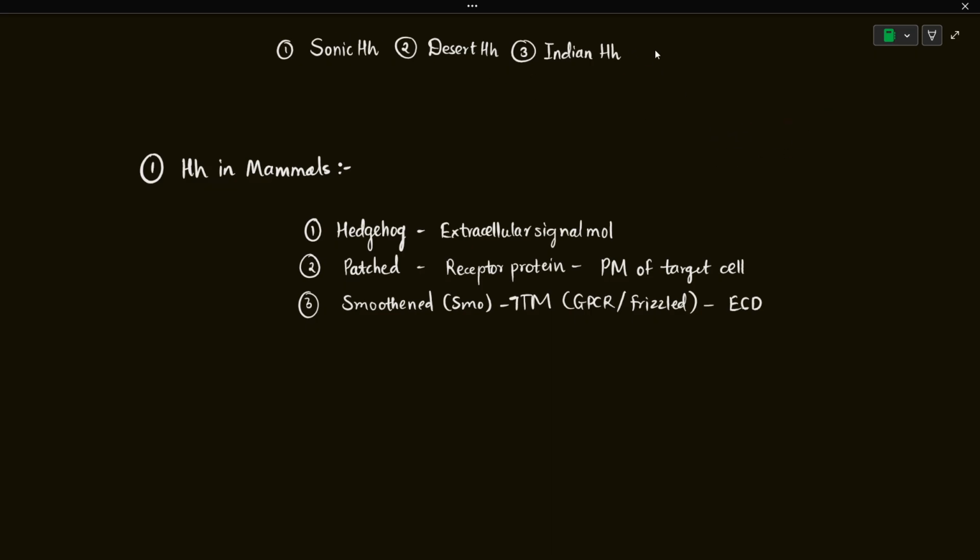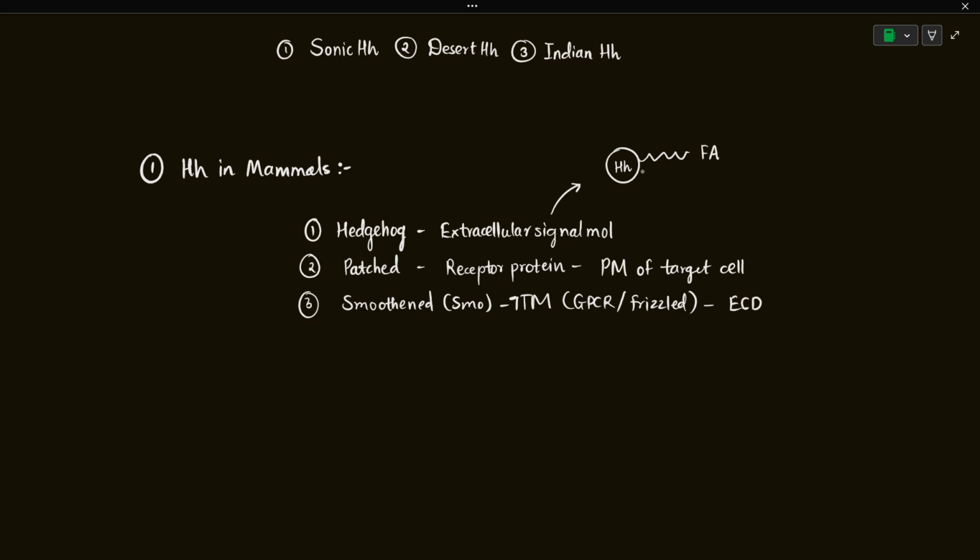So in the same way, the hedgehog protein is also a protein which gets modified, and to this protein a fatty acid chain can be covalently attached.